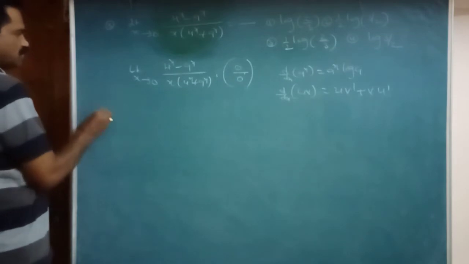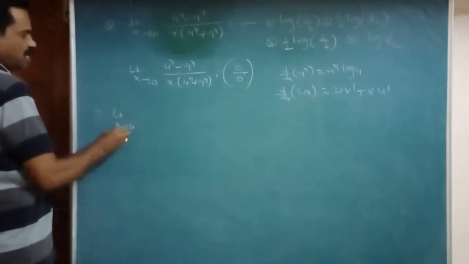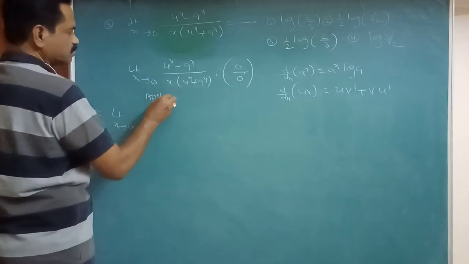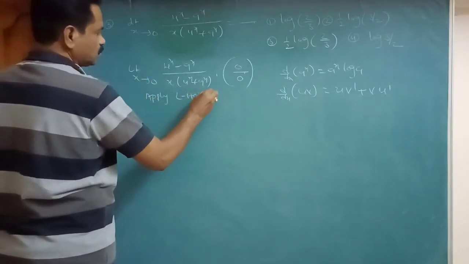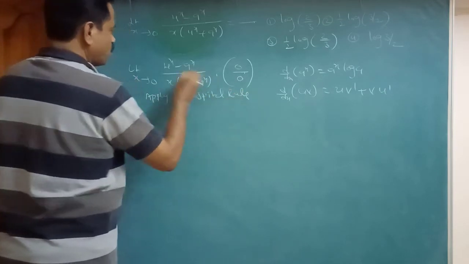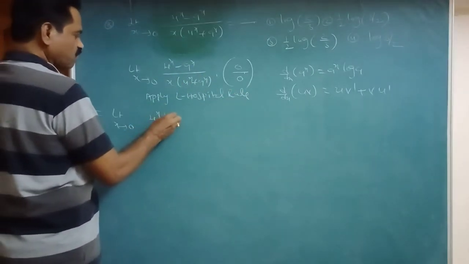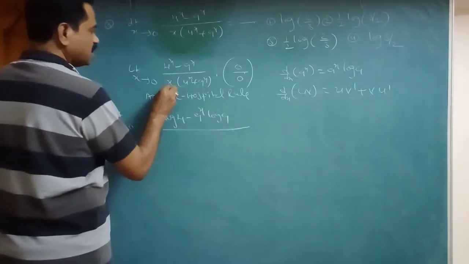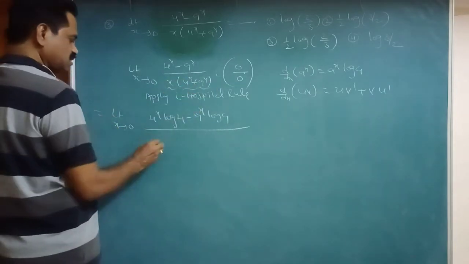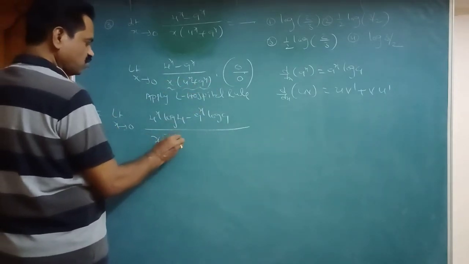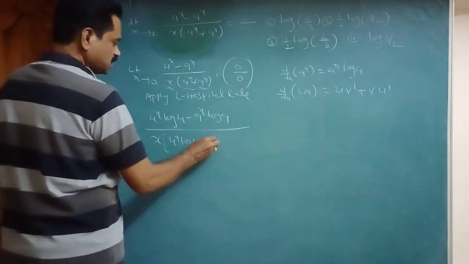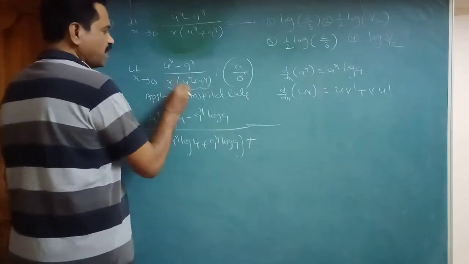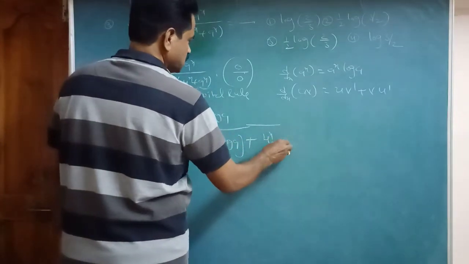So that equals limit x tends to 0, apply the derivative of the numerator. So applying L'Hospital rule here, 4 power x derivative, 4 power x log 4 minus 9 power x log 9, divided by, it is u, it is v, u v dash, x into (4 power x log 4 plus 9 power x log 9) plus v u dash, (4 power x plus 9 power x).